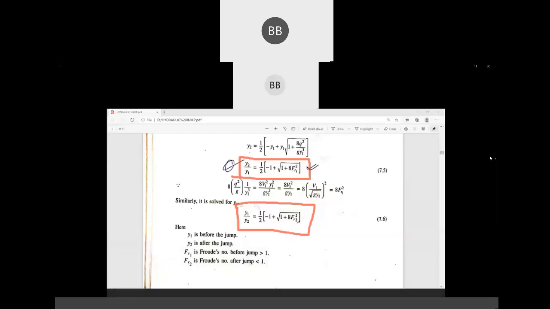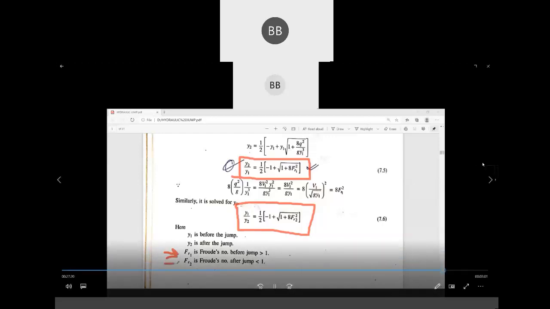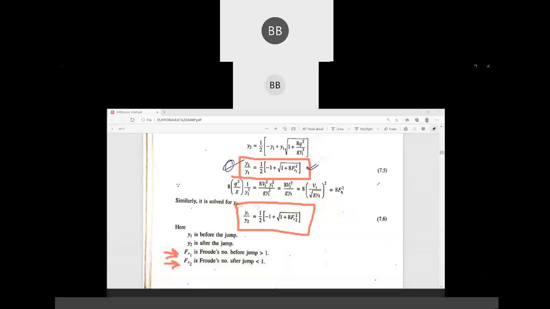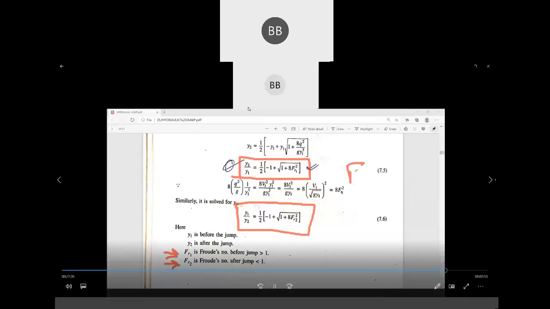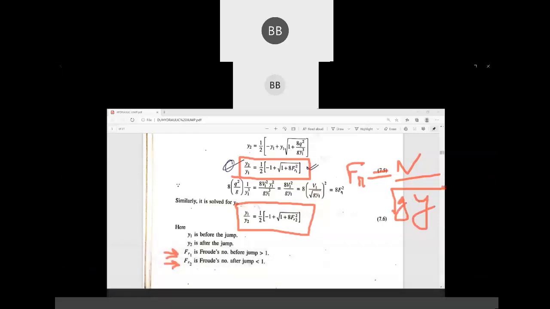So Fr1 and Fr2 are nothing but Fr1 is the Froude number for the y1 value, or you can say before the jump. Fr2 is the Froude number after the jump. If you remember the Froude number equation, V by root over g y for a rectangular channel, the y is inversely proportional to Fr.